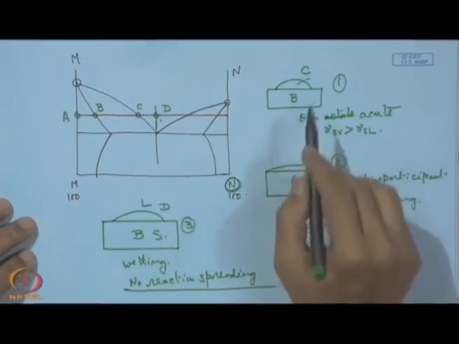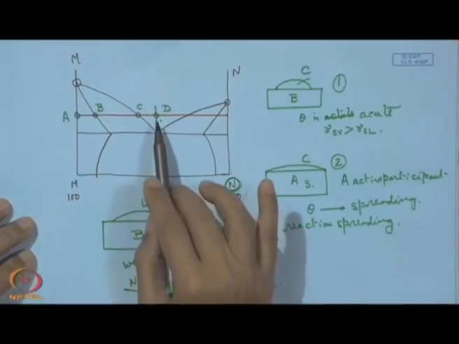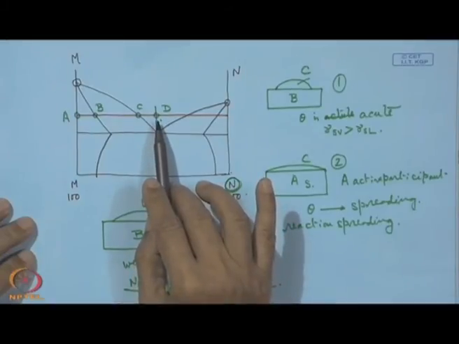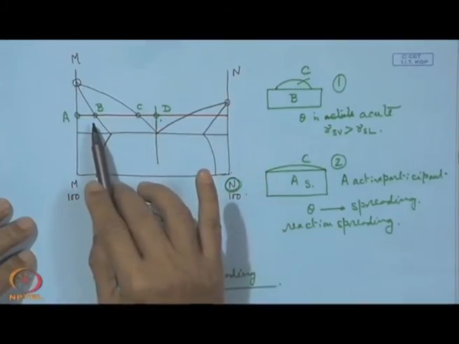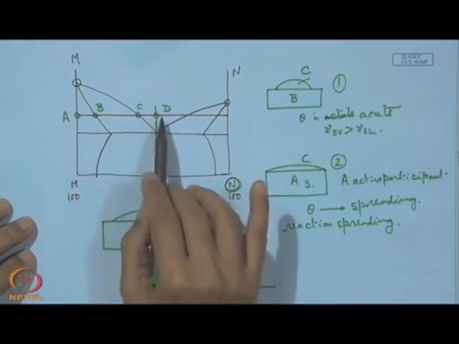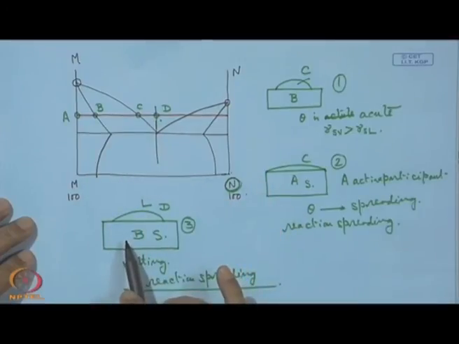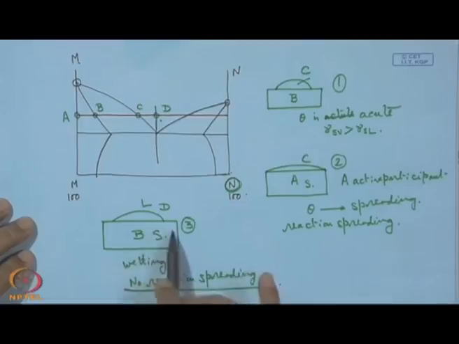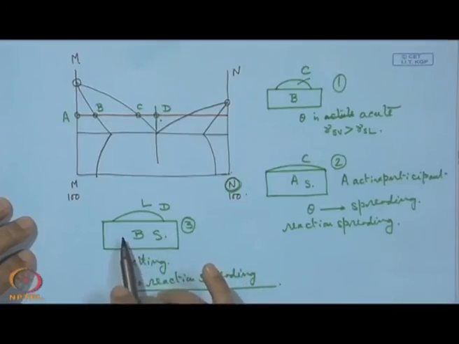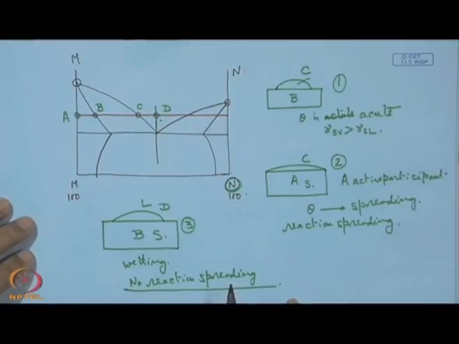If we consider 1 and 3, the only difference is that D can dissolve some of the component M from B, thereby its composition may change, but the composition of B is not going to change, its surface composition is not going to change because it is already saturated at that point. So, there will be no reaction spreading.